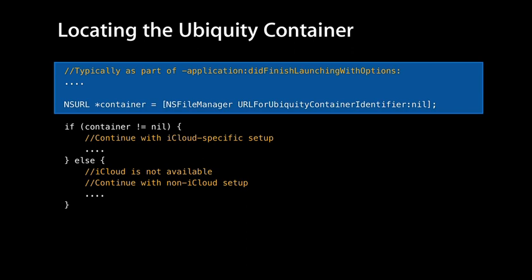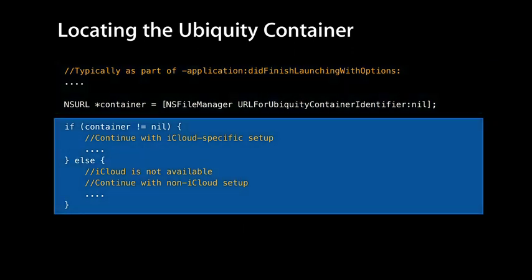So NSFileManager will go off, try to locate your ubiquity container, and it will return a value to you. This is what lets you know if iCloud is or is not enabled. If you get back a valid URL, then you know that iCloud is there and you should continue with your iCloud-specific setup. If you get back nil, then you know that iCloud is not available and you want to continue storing your data locally.